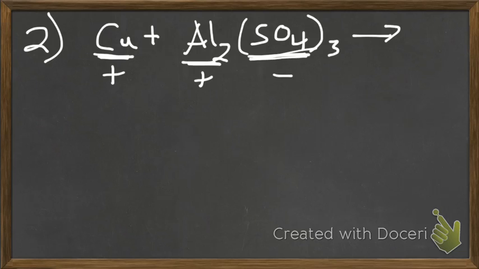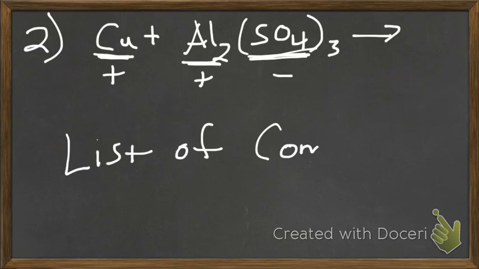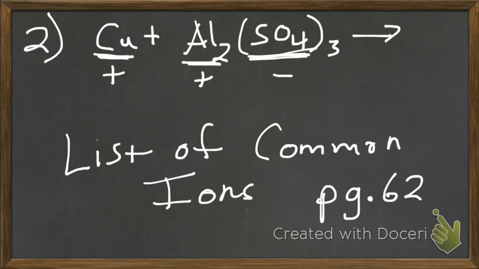Now, before we go any further, I do want you to get out your list of polyatomic ions, your list of common ions. This is on page 62 of your interactive notebooks. Go ahead and take that out, and we will use that to solve several of these problems right now.